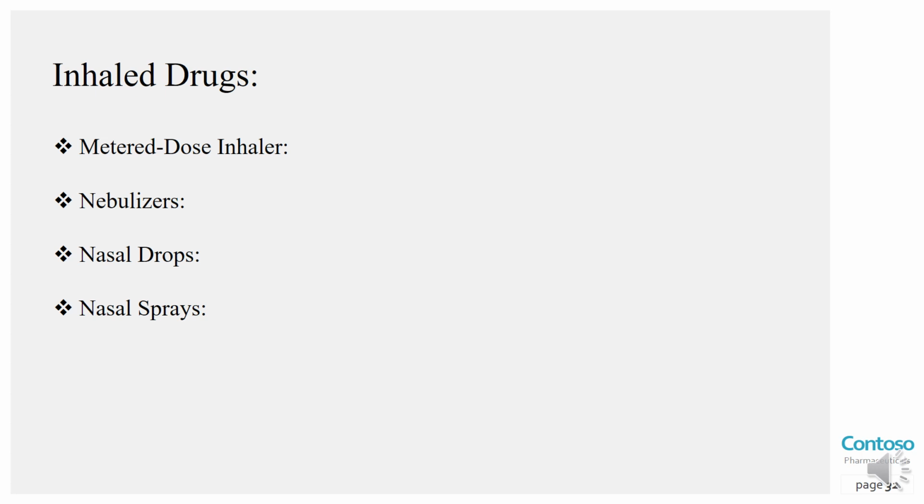Have the patient exhale completely and then press down once on the inhaler to release the medication. Have the patient breathe in slowly and deeply for 5 seconds. Have the patient hold his or her breath for approximately 10 seconds and then exhale slowly through the nose or pursed lips.